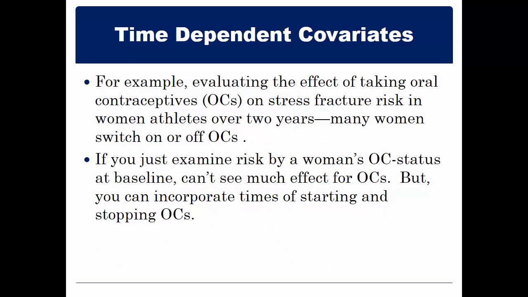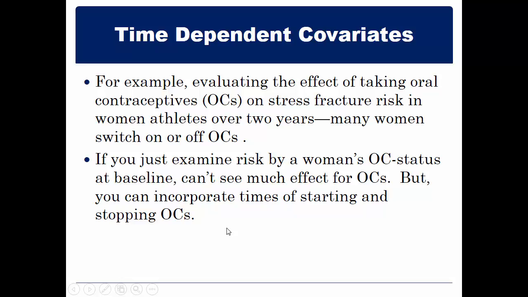For example, we could have a violation of that proportional hazards assumption through something called a time-dependent treatment effect. Here we could be evaluating the effect of taking oral contraceptives on stress fracture risk in women athletes over a period of 2 years. The problem with this is that the treatment could be changing.